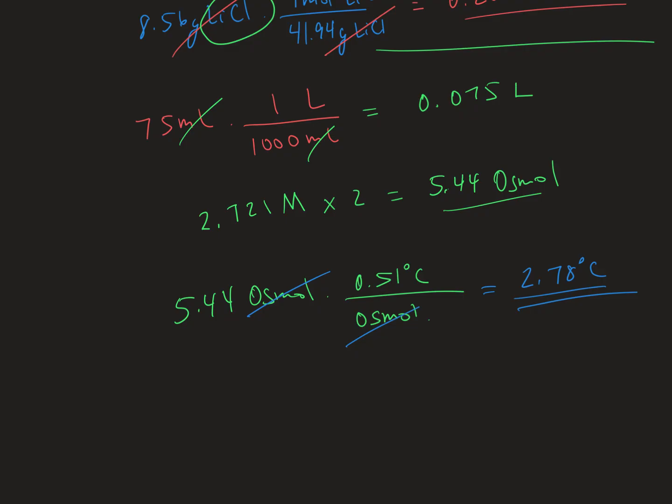So it increases by 2.78 degrees, which means my new boiling point is 102.78 degrees Celsius. I know it's not 100 degrees here in Utah, but we just deal with sea level. We good?